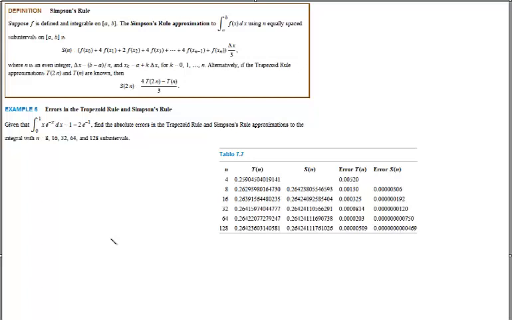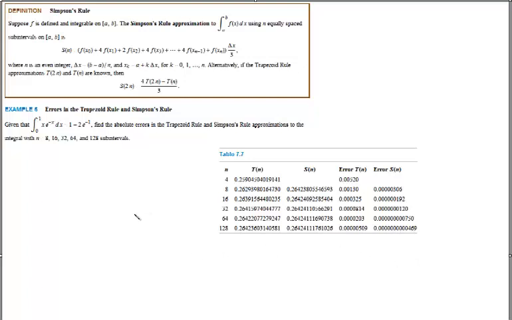Alright, in this next example we have Simpson's rule, which is a combination of the trapezoidal rule. So I would have to do the trapezoidal rule for 2 different subintervals, and I probably would use a calculator or computer to do this, and you'll notice this is done with computer software. Once you have that value, and if you know the exact value of the integral, then you can compute the error, which was done in this table.